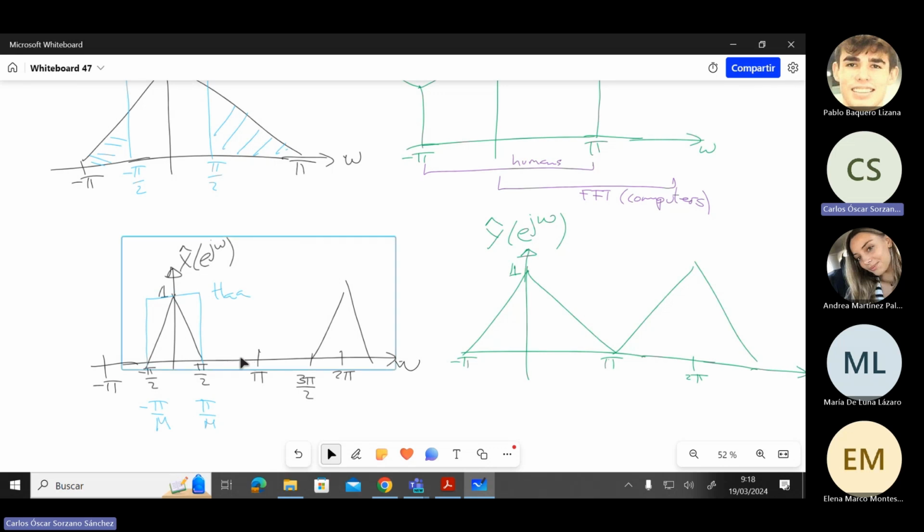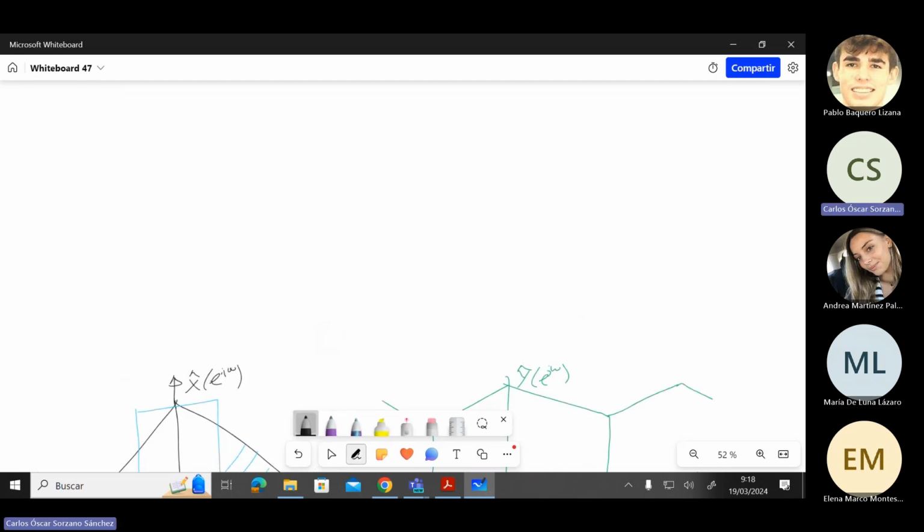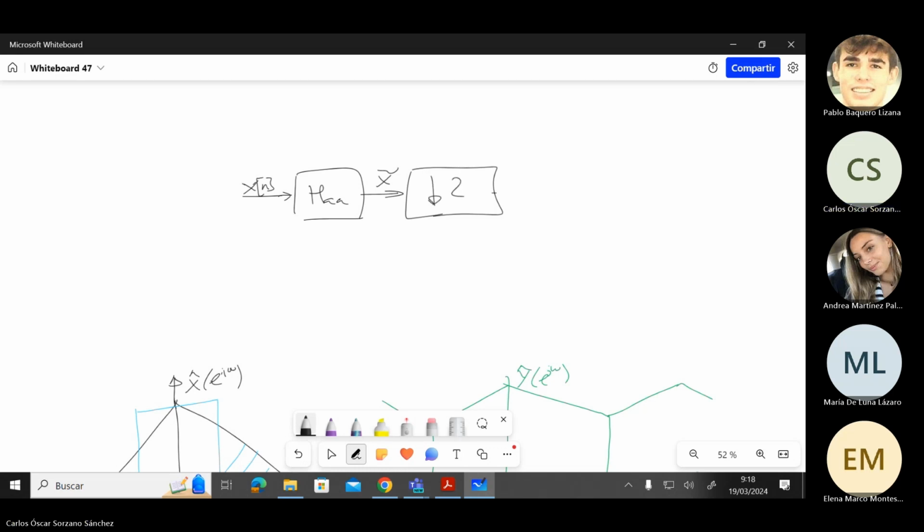This is how the signal flows: the signal or the image goes to the anti-aliasing filter, and then we do the decimation.